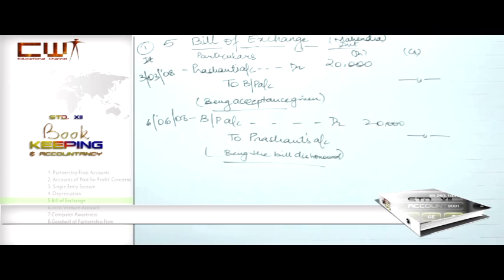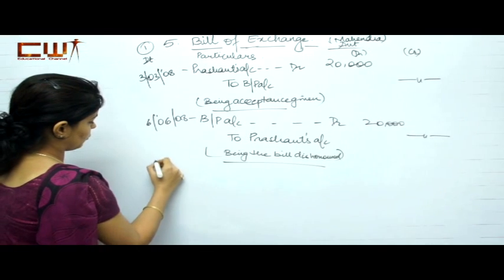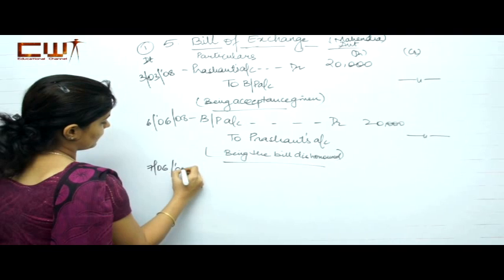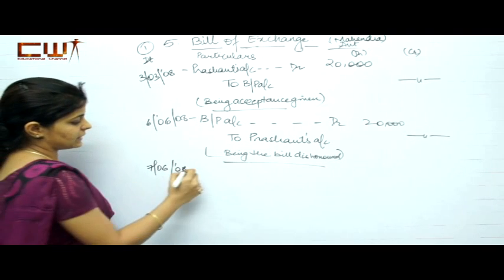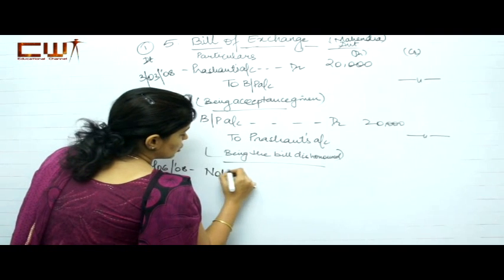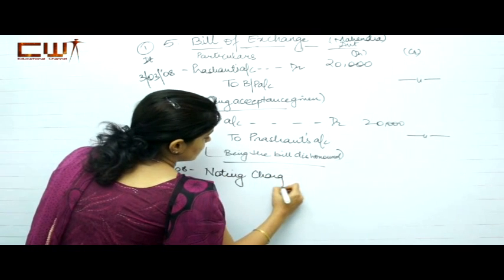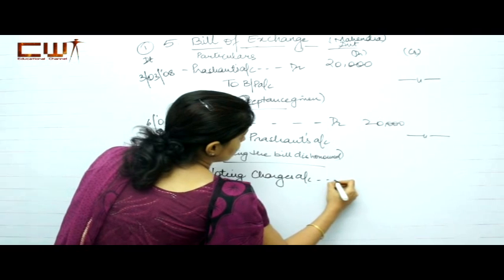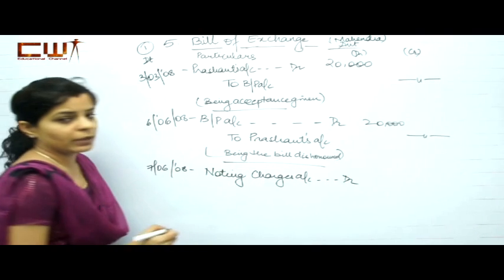What next? In the problem we also saw that Mahendra is paying the noting charges. So noting charges are being paid by Mahendra. You will make it on the next date probably. Noting charges are an expense for Mahendra. So it will be debited, written as noting charges account debited. And what is going out?